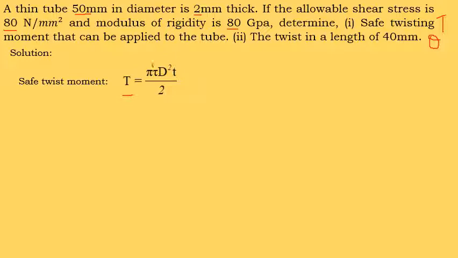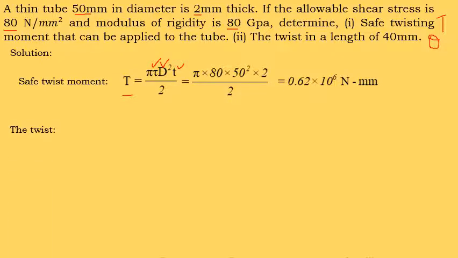Shear stress tau is 80 Newton per millimeter square, diameter is 50 millimeter, thickness is 2 millimeter. Substitute all the values, then simplify. So we got T value 0.62 into 10 to the power of 6 Newton millimeter.